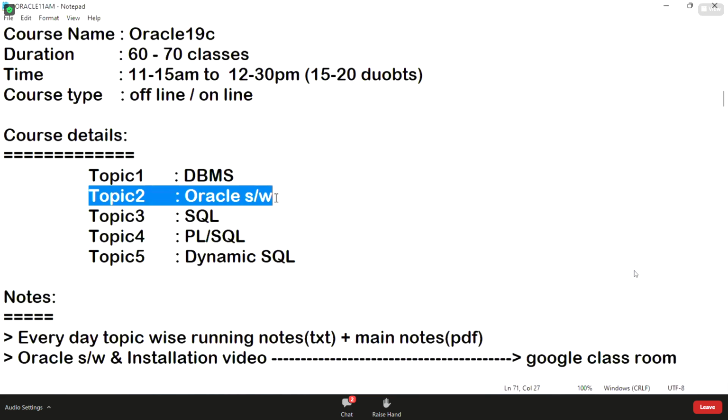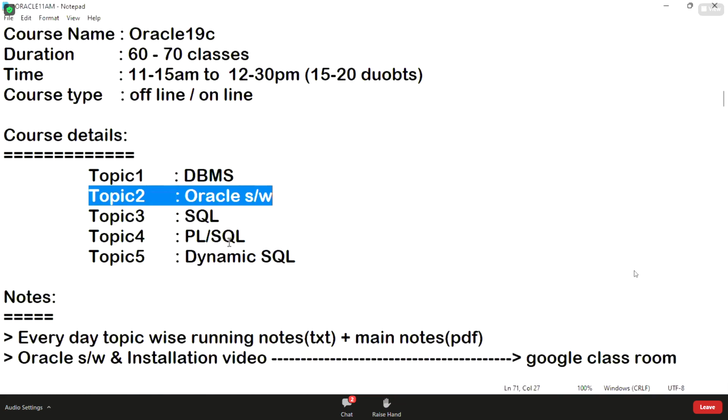Here we are learning what is Oracle, which type of database Oracle is, which you already know some information about, and versions, editions, installation, downloads, client server architecture, what is client, what is server, the role of client, the role of server. All of this we will discuss in topic number 2. Clear now?